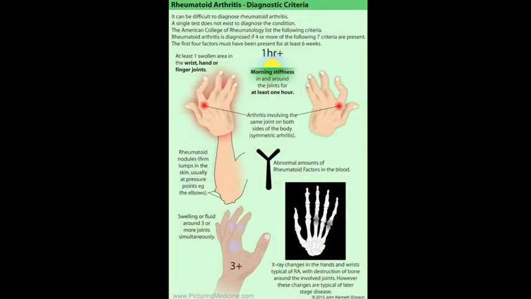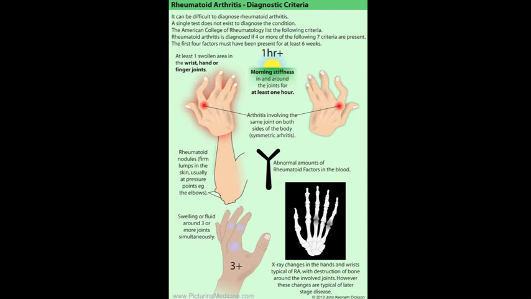Now, rheumatoid arthritis can be actually quite difficult to diagnose, and this is illustrated by the fact that there is no single test that we can use to diagnose the condition, and we can only recognize the pattern of the disease and diagnose it clinically.